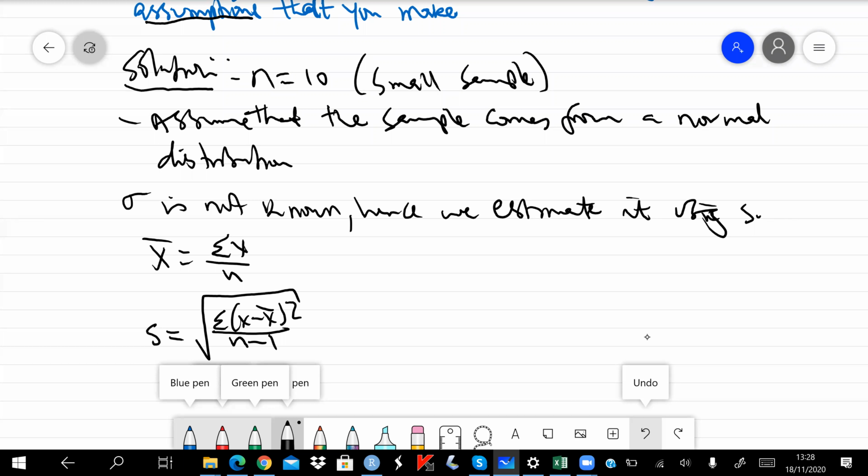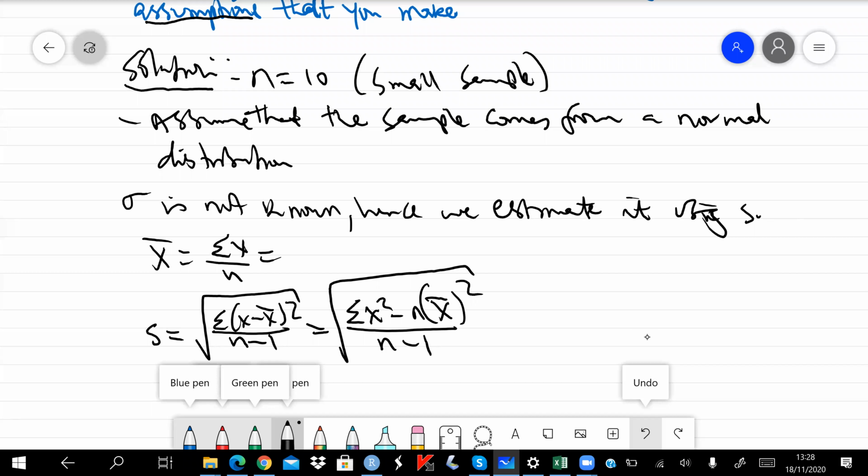This is the same as the square root of summation of x squared minus n x bar squared, divided by n minus 1. So I'll quickly use my calculator to obtain those values. Then I start with x bar, which is 25.87.